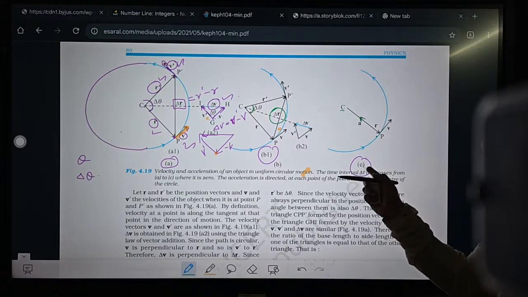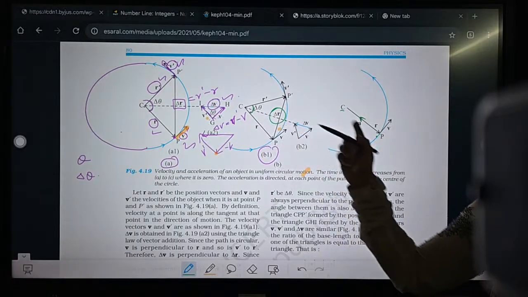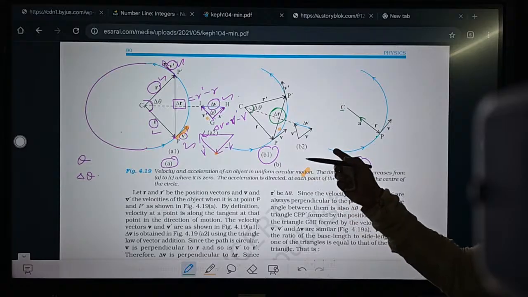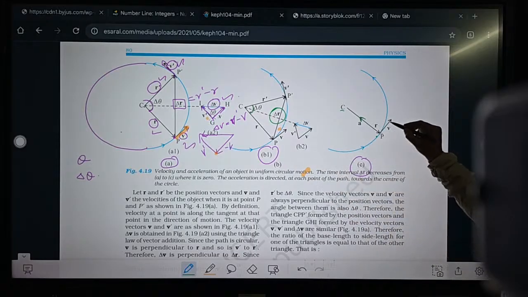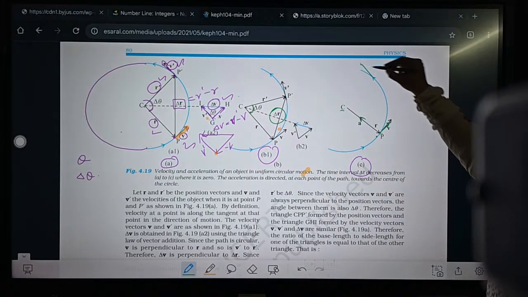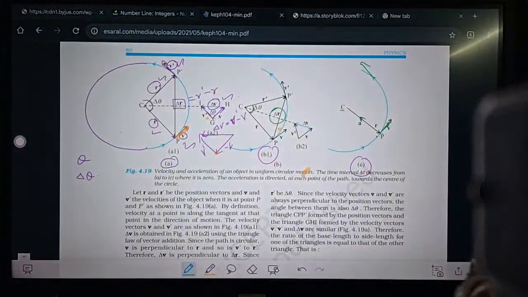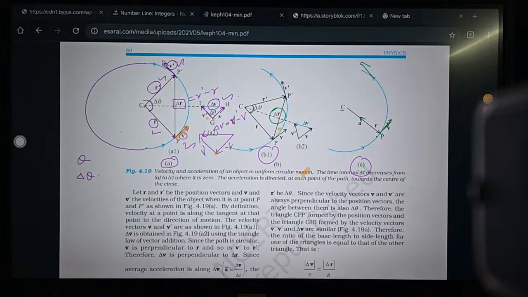So this type of acceleration is actually centripetal acceleration, towards the center. I'll explain that. Here it may also experience acceleration due to the varying speed, varying velocity. That type of acceleration is tangential acceleration. Okay, so let me come to that point. We'll see now what is given in your book.